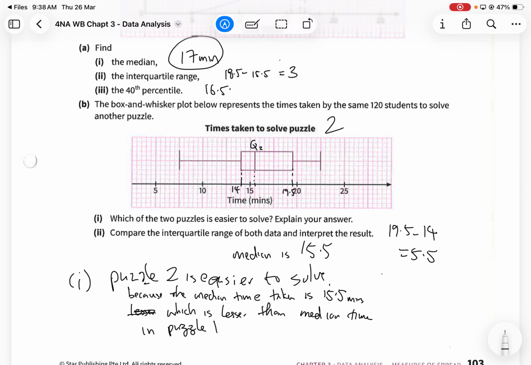So knowing this is 3 and this is 5.5, think a bit, what does that tell you? Interquartile range smaller versus interquartile range higher, what does it tell you?